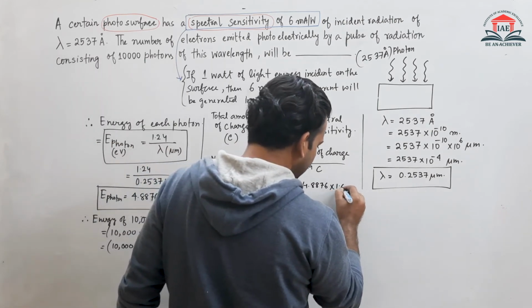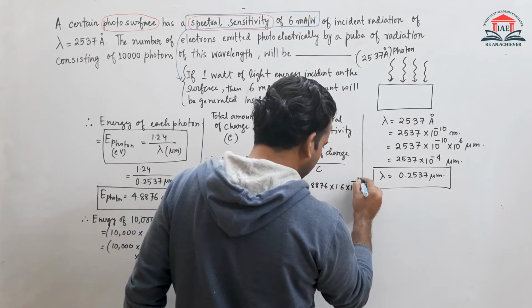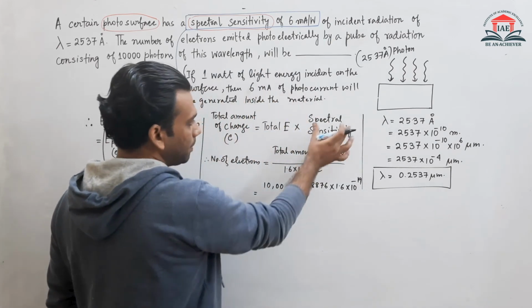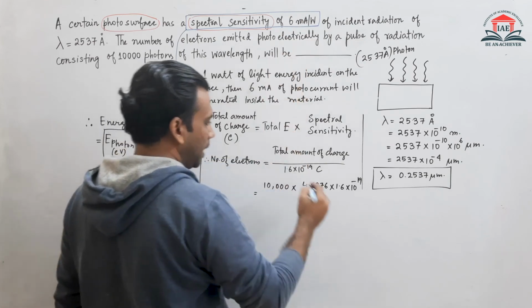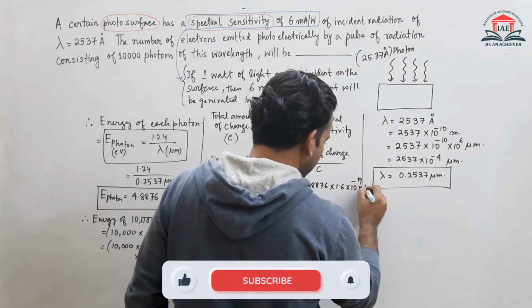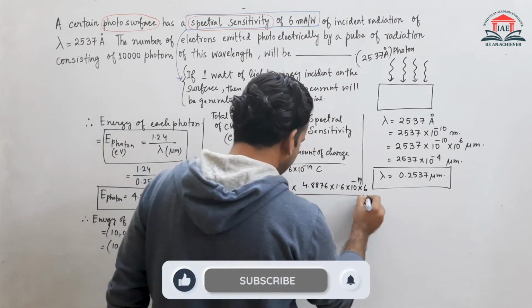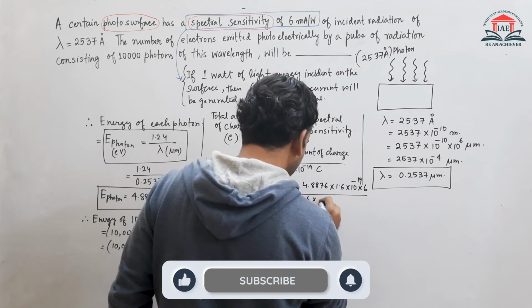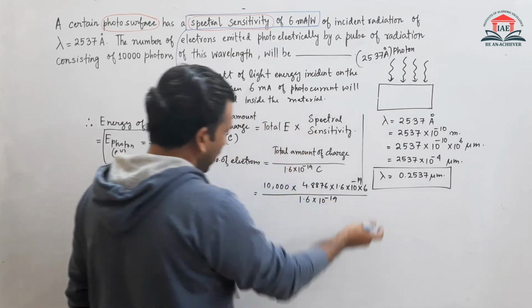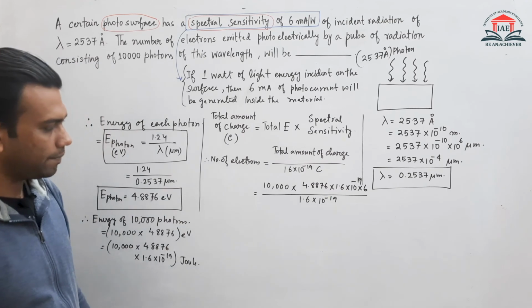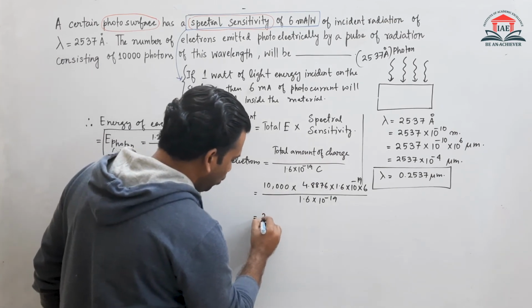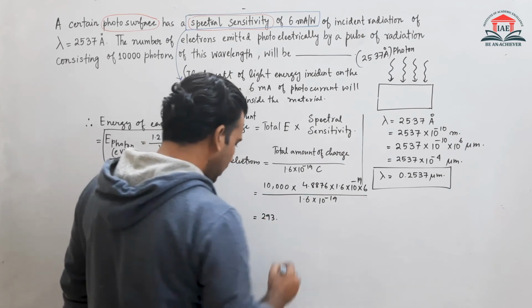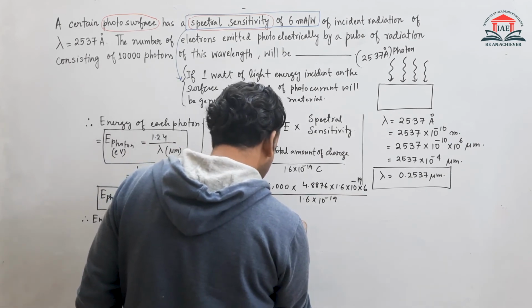With that, the spectral sensitivity, that is 6 milliampere per watt, so here I will write into 6. So divided by 1.6 into 10 to the power minus 19. Now you have to calculate this in a calculator. If you do the calculation, you will get 293.256.